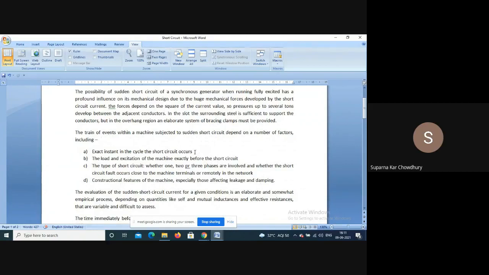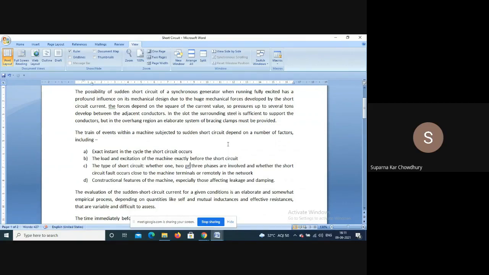Now, the train of events after a short circuit fault depends on the exact instant in the cycle when the short circuit occurs, the load and the excitation of the machine exactly before the short circuit, and the type of short circuit, that is, a single phase to ground fault, two phase short or three phase dead short circuit.